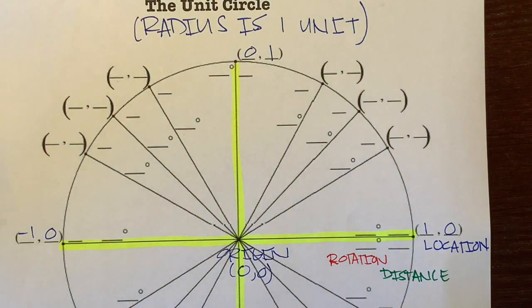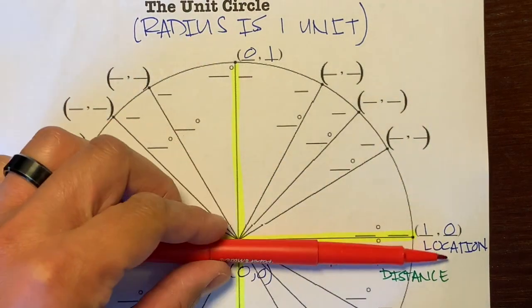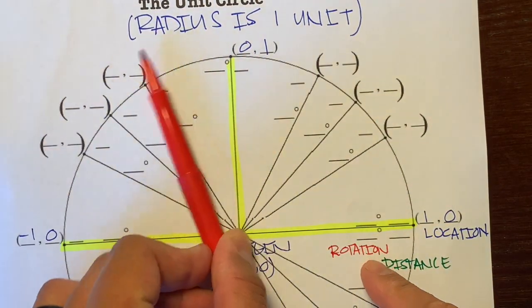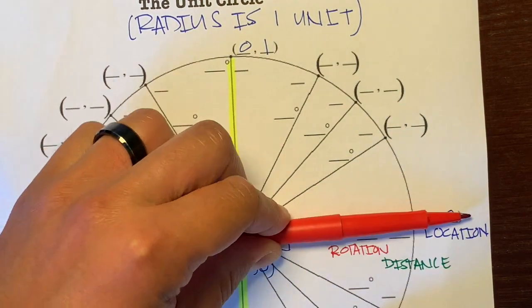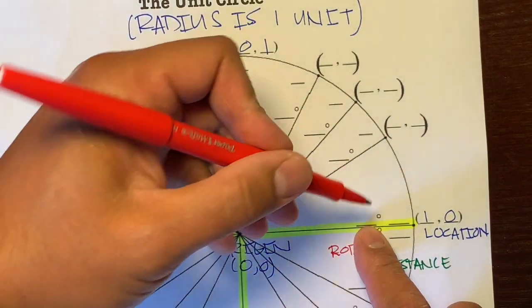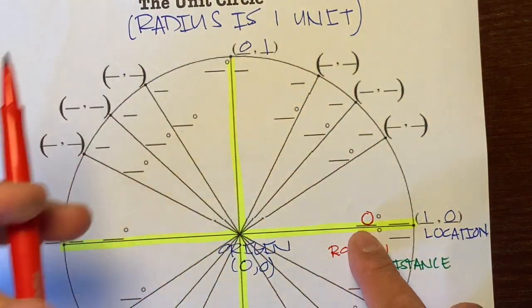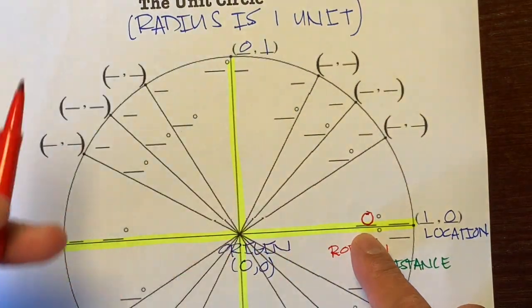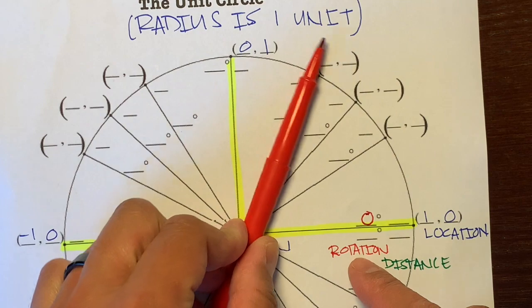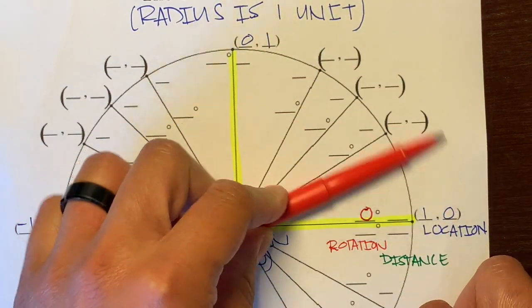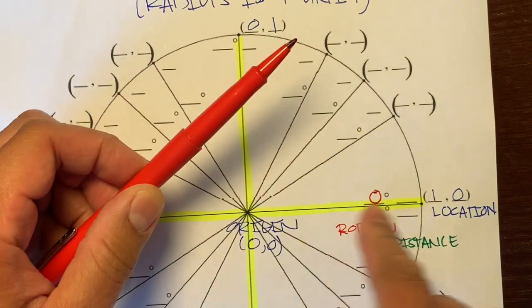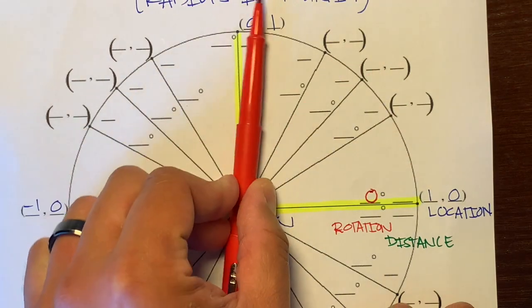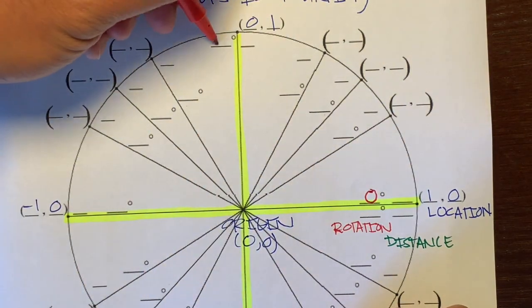Next thing is, let's get a couple rotations. When we rotate, that means we have this radius and we're rotating it around the circle. I'm using my red pen. If we didn't rotate this radius at all, we would just put 0-degree rotation. And then if we rotate it up to 0, 1, how far did we rotate that? Well, this is a 90-degree angle. The x and y axis are perpendicular. So this rotation from 0 to 0, 1 is 90 degrees.